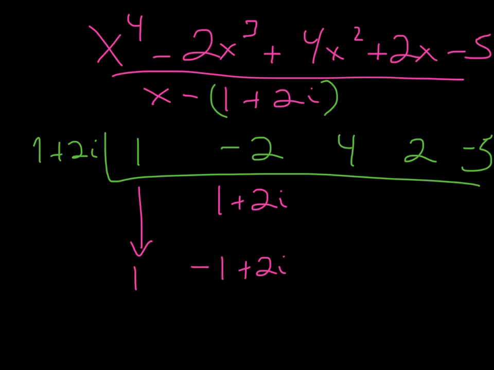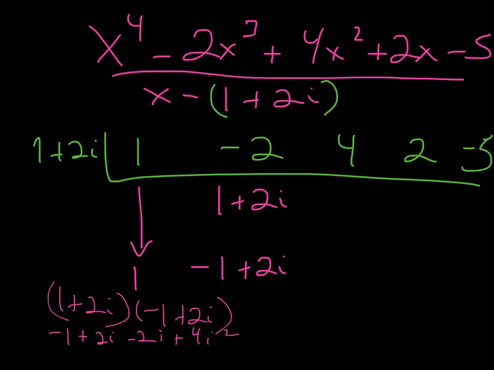So now I have to multiply. Well, I have to multiply this guy by this guy, right? So if you need to, off to the side, I'm going to just do this down here. 1 plus 2i times another -1 plus 2i. Okay, and when I FOIL that out, I get -1 plus 2i minus 2i plus 4i squared.